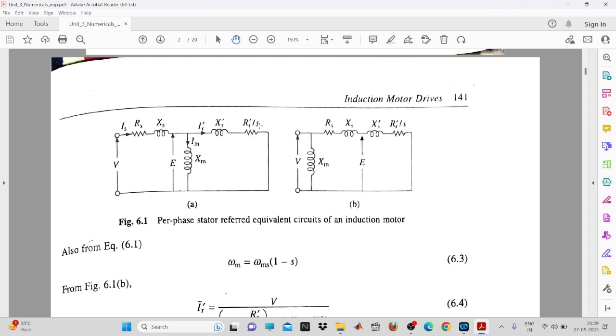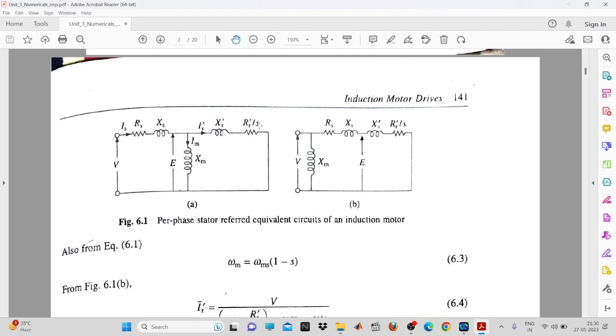Because the EMF which gets induced in the rotor is not of the synchronous speed, it is of the relative speed, because you know that the induction motor is going to rotate at a speed less than the synchronous speed. So there will be a slip.